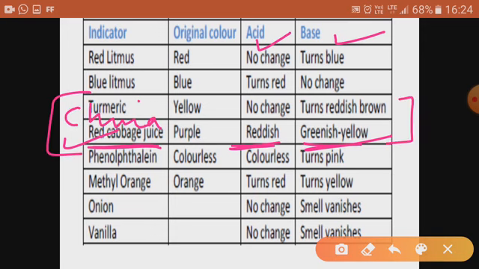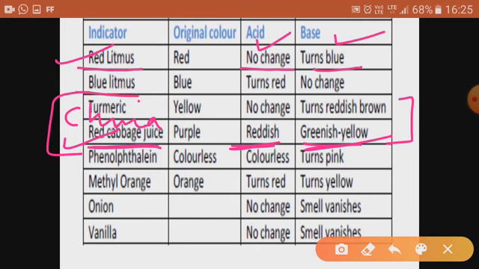Okay, so till now we have discussed natural indicators. The first natural indicator is litmus, which we get from lichens. If it is red litmus paper, there is no change in acid because it remains red, and it turns blue in base.